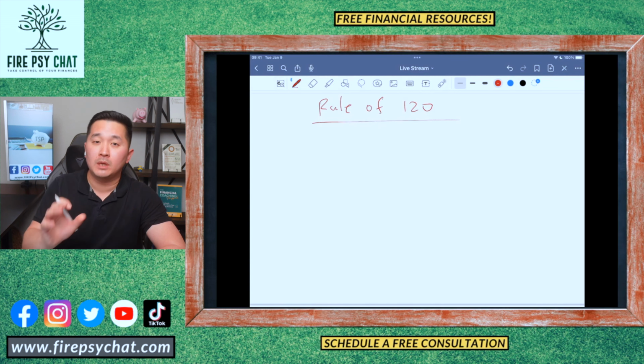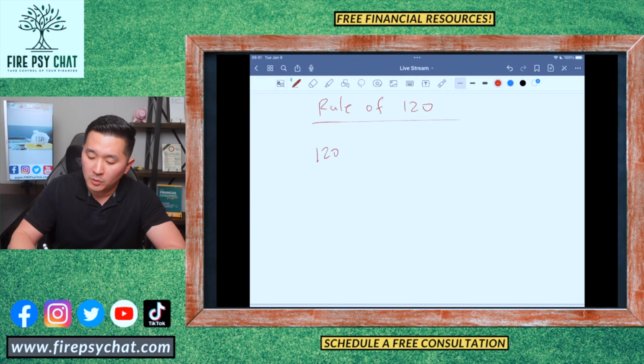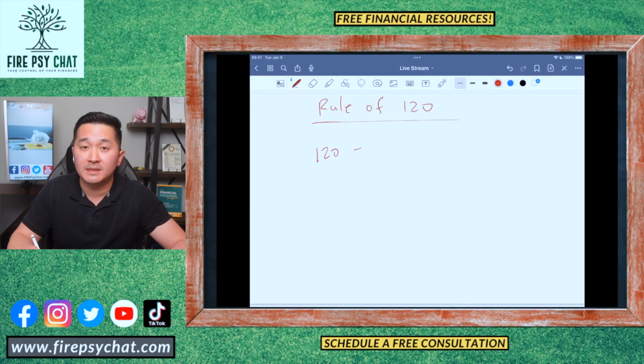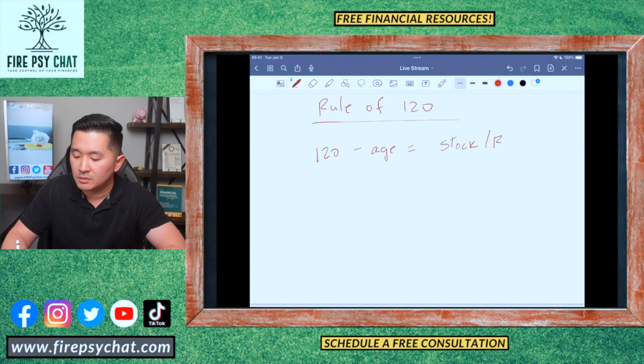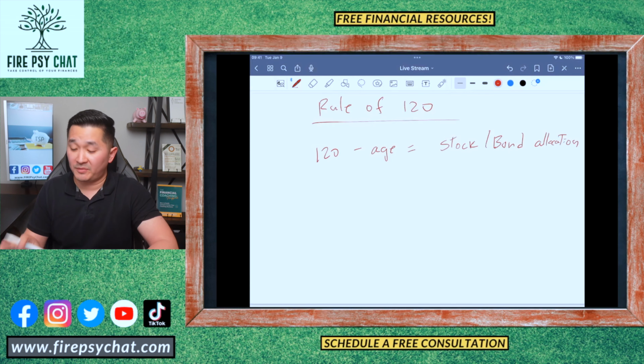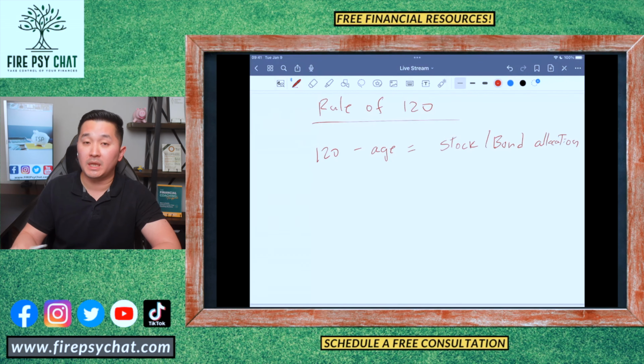You basically do 120 minus your age, and that gives you your stock bond allocation.